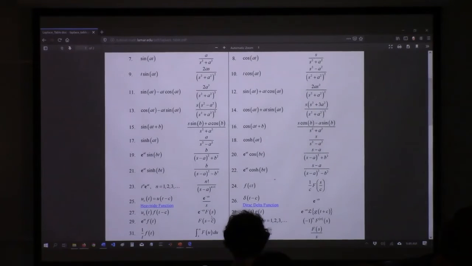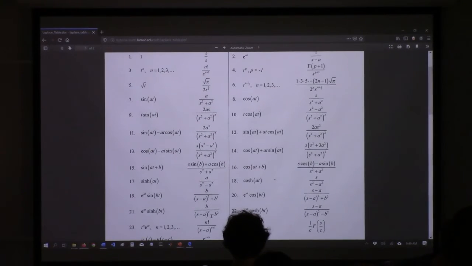Really all it's doing is giving us a starting point. So we know that's what we're striving for. The good news is that there are several strategies that we're going to use over and over again. One of the main ones is the partial fraction expansion. Does everybody remember what the partial fraction expansion is?